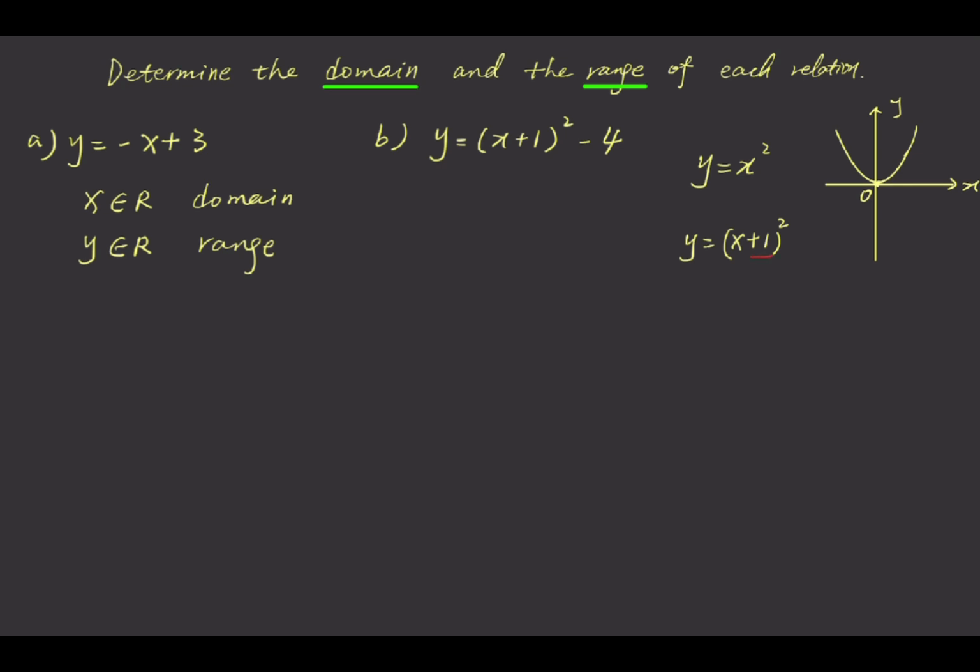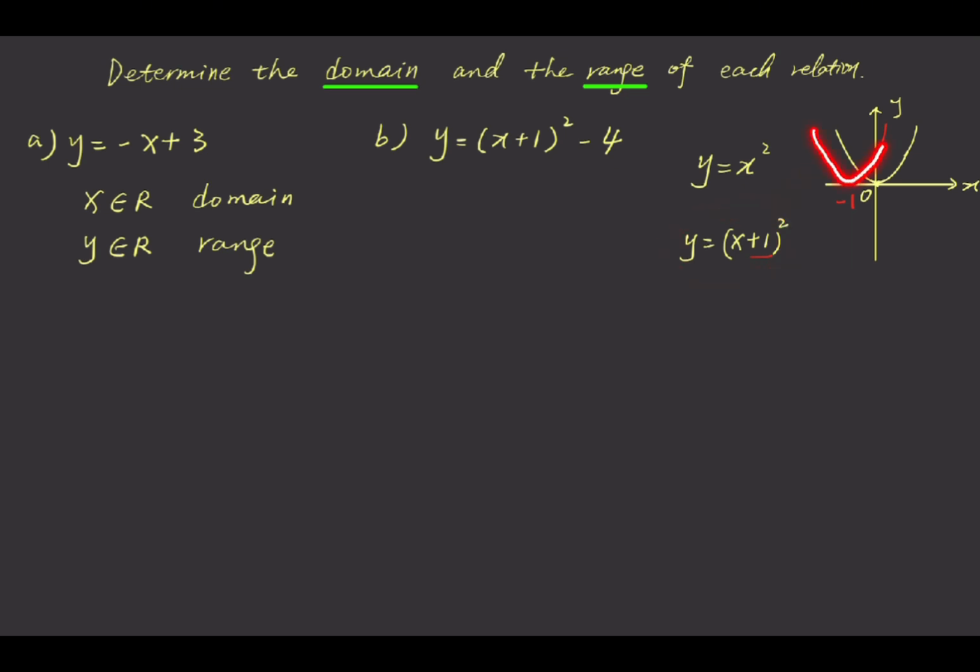Here it is plus 1, so we can translate this graph to the left by 1 unit. So we can get this vertex, this graph, representing this relation.